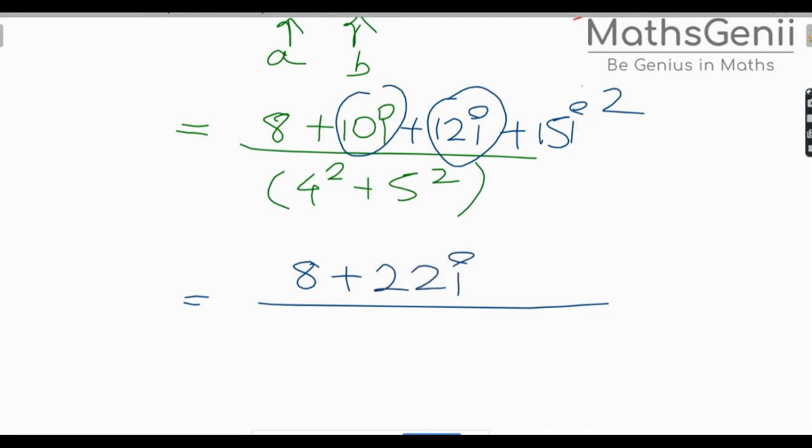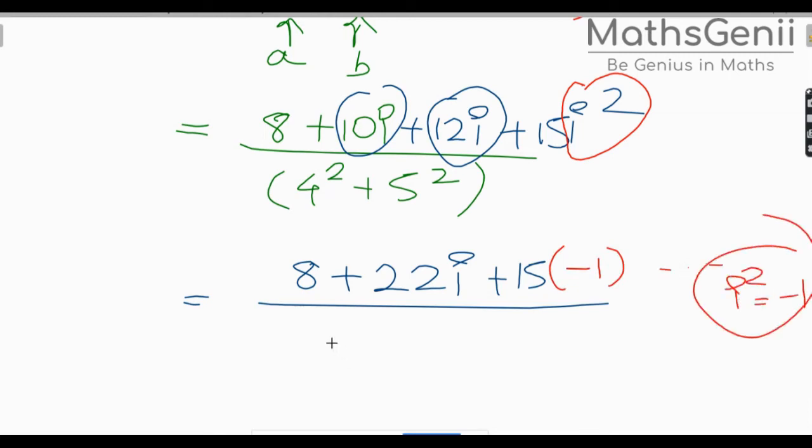In place of i square, what can I write? Minus 1, because i square is equal to minus 1 always. Okay. 16 plus 25, 41.